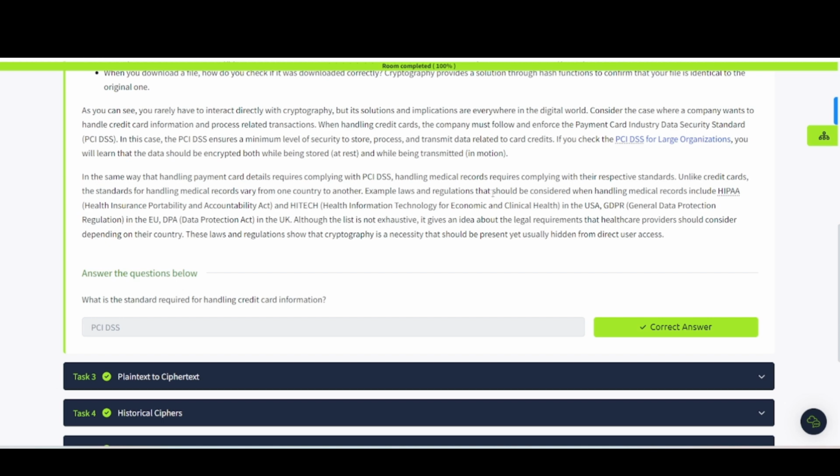Example laws and regulations that should be considered when handling medical records include HIPAA, which is the Health Insurance Portability and Accountability Act, and HITECH, which is Health Information Technology for Economic and Clinical Health, in the USA; GDPR, General Data Protection Regulation, in the EU; and DPA, which is the Data Protection Act, in the UK. Although the list is not exhaustive, it gives us an idea about legal requirements that healthcare providers should consider, depending on the country. These laws and regulations show that cryptography is a necessity that should be present, yet usually hidden from direct user access.